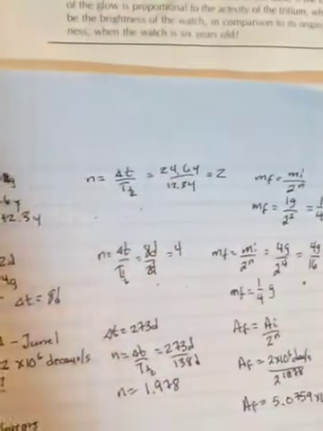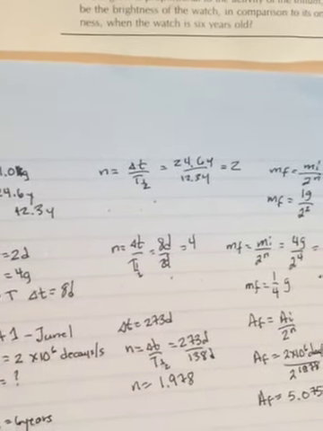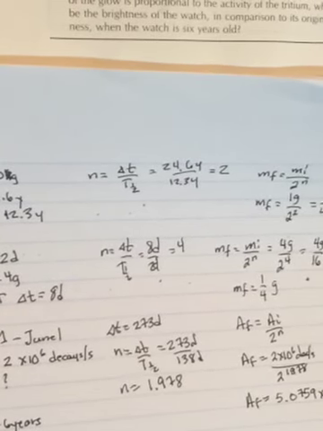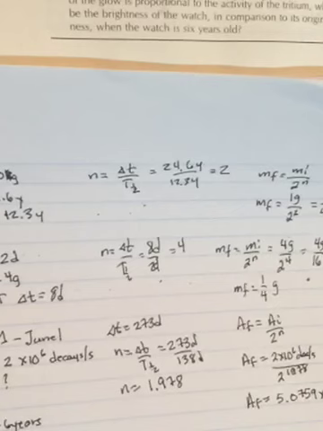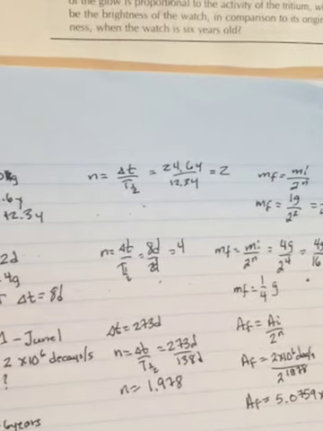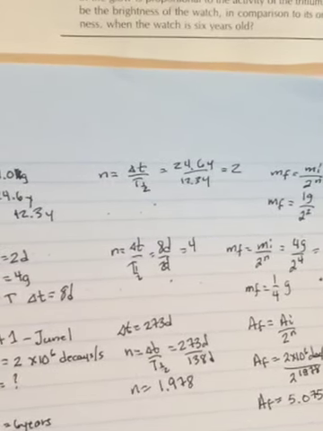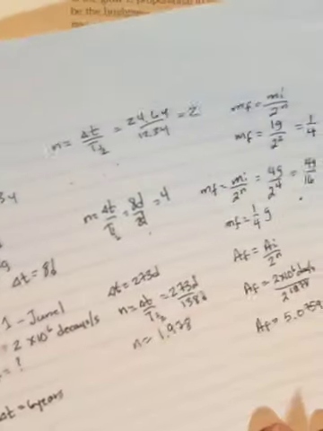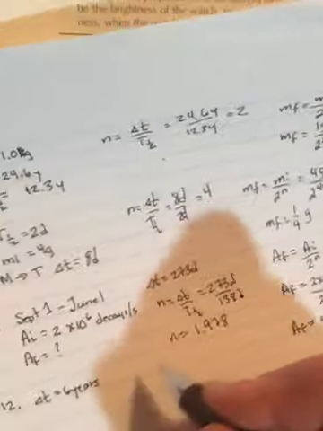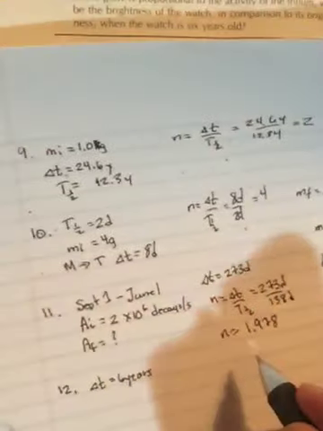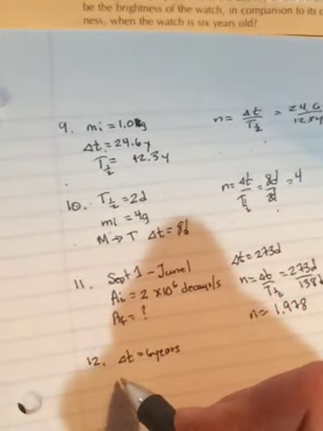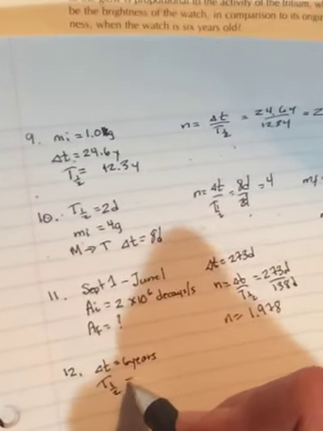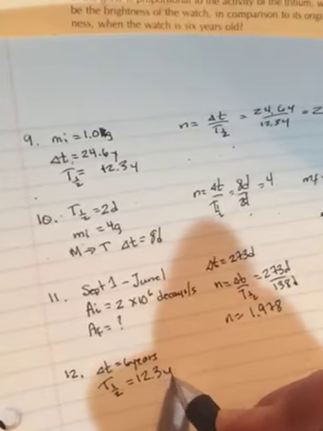Number 12. Tritium was once used in some watches to produce a fluorescent glow so the watch could be read in the dark. If the brightness of the glow is proportional to the activity of the tritium, what would be the brightness of the watch in comparison to its original brightness when the watch is 6 years old? Okay, so the time is 6 years. We already said the half-life, we had looked it up in question number 9, the half-life of tritium is 12.3 years.